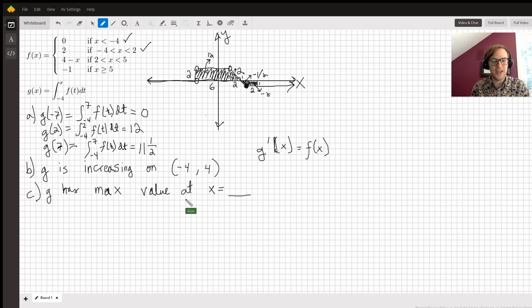Okay, and then the last part, we want to see where g has maximum value. To find the maximum, you want to see where the derivative is equal to 0, and that's your critical point, right? So over here is one part where the derivative is 0, where f of x is equal to 0.